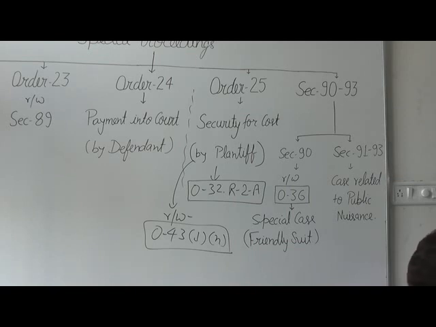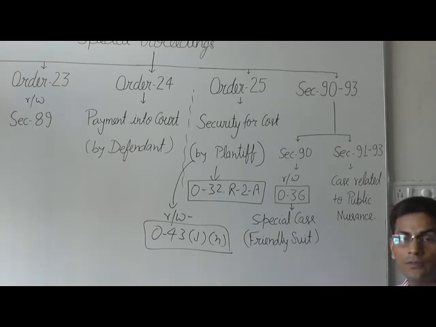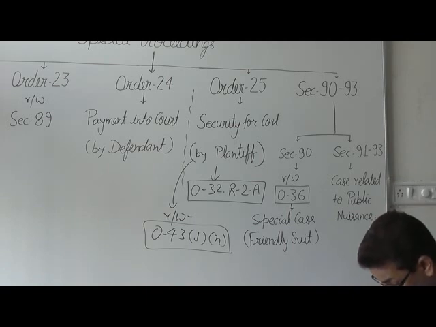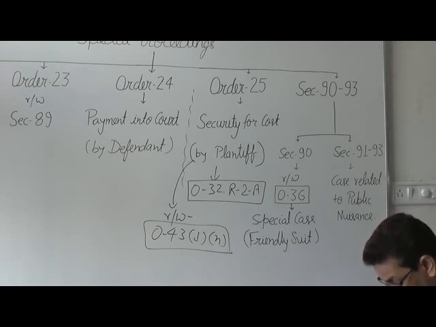Section 91 provides that in the case of a public nuisance or other wrongful act affecting or likely to affect the public, a suit for declaration and injunction or for such other relief, meaning damages, like in the Bhopal gas case, or for such other relief as may be appropriate in the circumstances of the case, may be instituted: A, by the Advocate General of the state, or B, with the leave of the court by two or more persons, even though no special damage has been caused to such persons by reason of such public nuisance or other wrongful act.